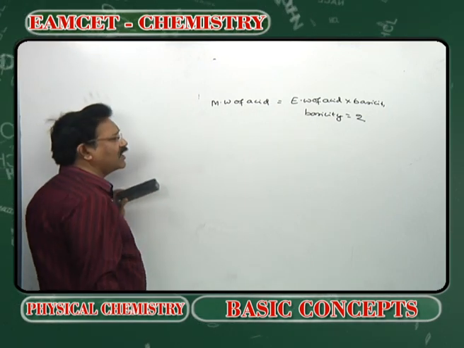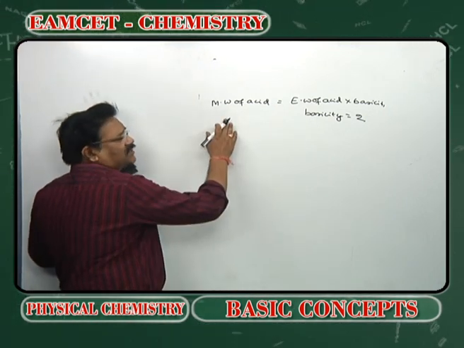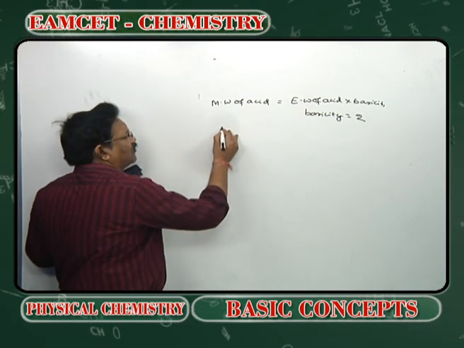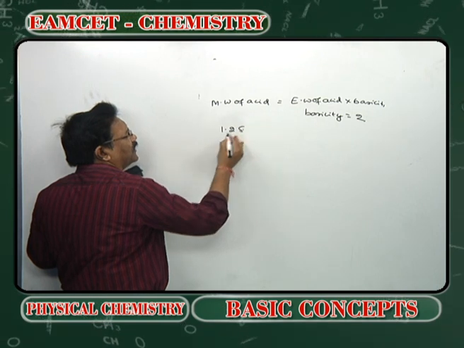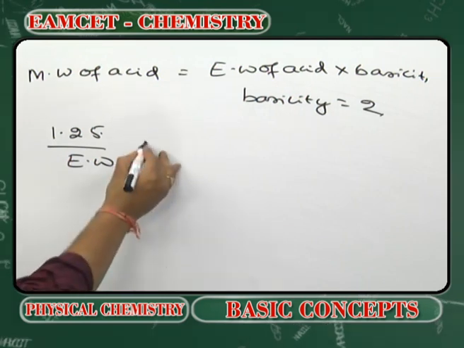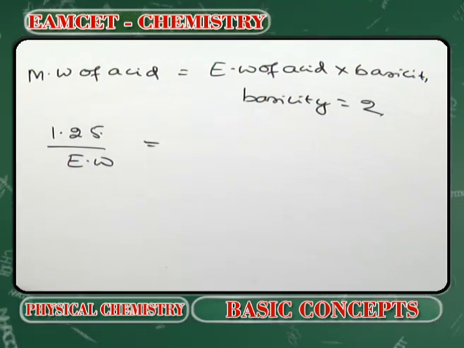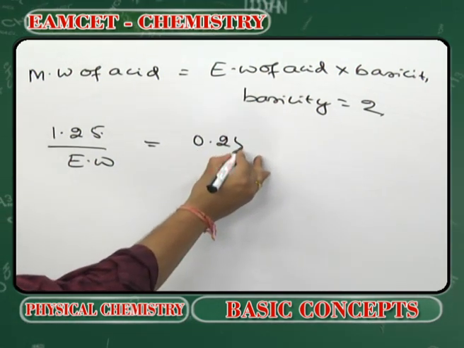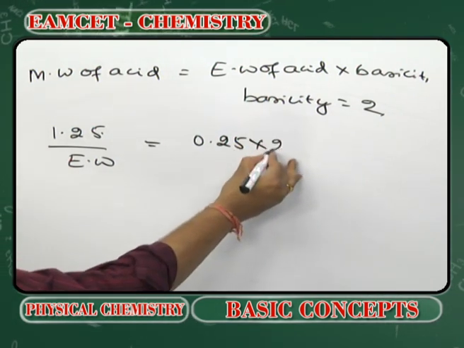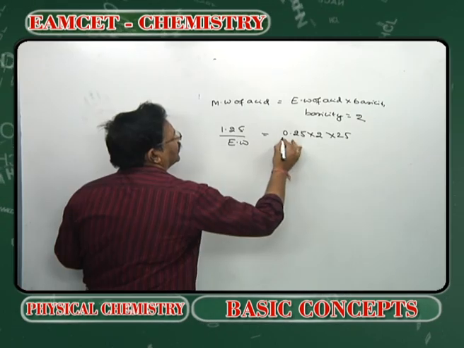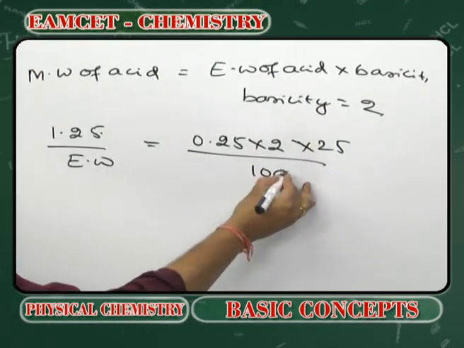Solid dibasic acid. So, number of equivalents of the acid must be equal to number of equivalents of the base. 1.25 by equivalent weight. And for barium hydroxide, they have given the molarity, it must be converted into normality: 0.25 into 2, and the volume is 25 by 1000.